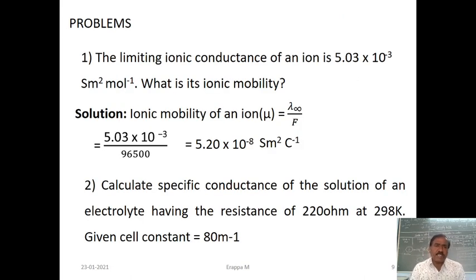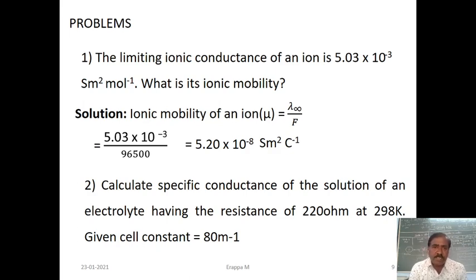Now simple problems. Number 1: the limiting ionic conductance of an ion is 5.03 into 10 to the power of minus 3 Siemens meter square per mole. What is its ionic mobility? Solution: ionic mobility mu is equal to lambda infinity divided by Faraday.